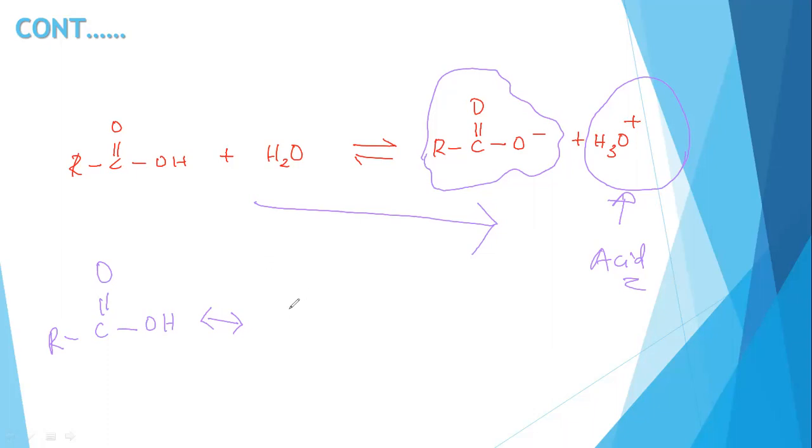Your carboxylic acid is able to show charge separation. Can you define how this happens?